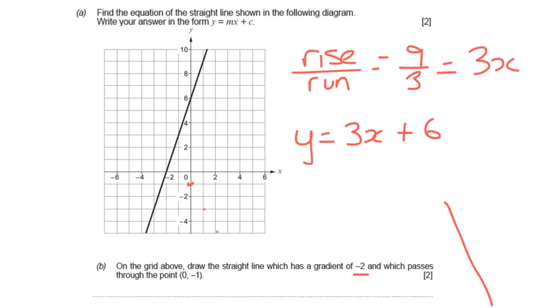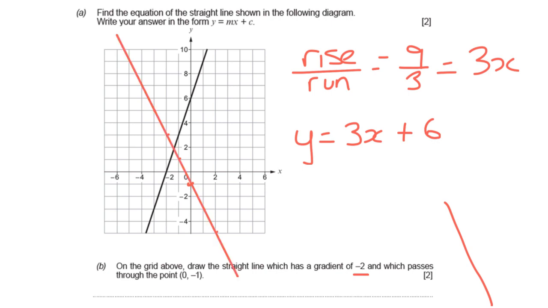From the 0, minus 1, if I go left 1, I'm going to have to go up 2. Left 1 and up 2. And you can see we're forming a straight line graph. So then we just need to connect the points, and we will have a gradient of minus 2 that crosses through the point 0, minus 1.